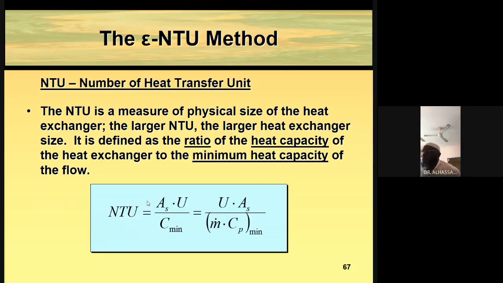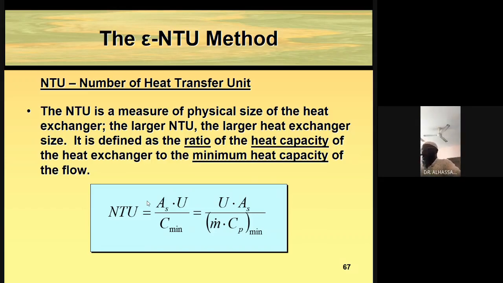For example, if you go to the market and they tell you there are different types of heat exchangers, and you want to buy one whose NTU, or number of heat transfer units, equals 0.5, and another one is about 0.8, then you should know clearly the one with 0.8 is going to be a bigger heat exchanger.